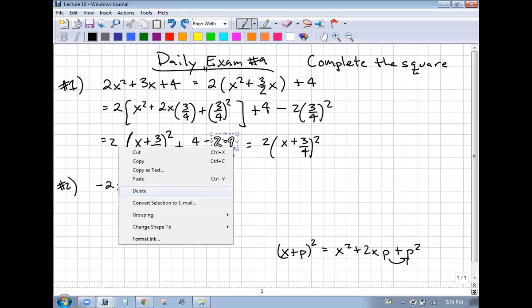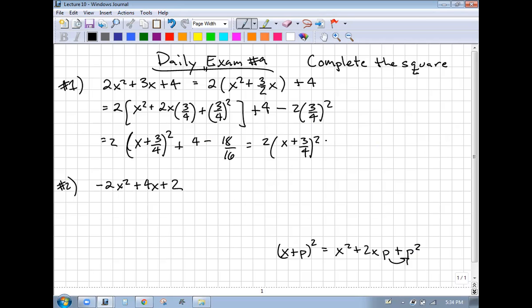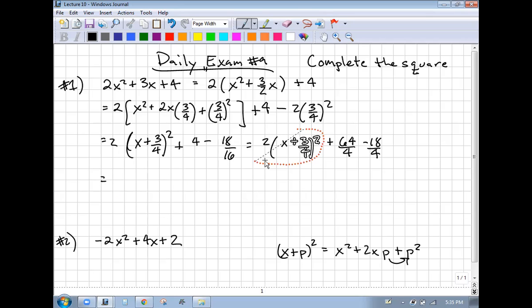2 times 9 is 18, right? And I need to get 16 over 16. What's 4 times 16? 64. 64 fourths minus 18 fourths, which is still this stuff. 64 minus 18 is 46.